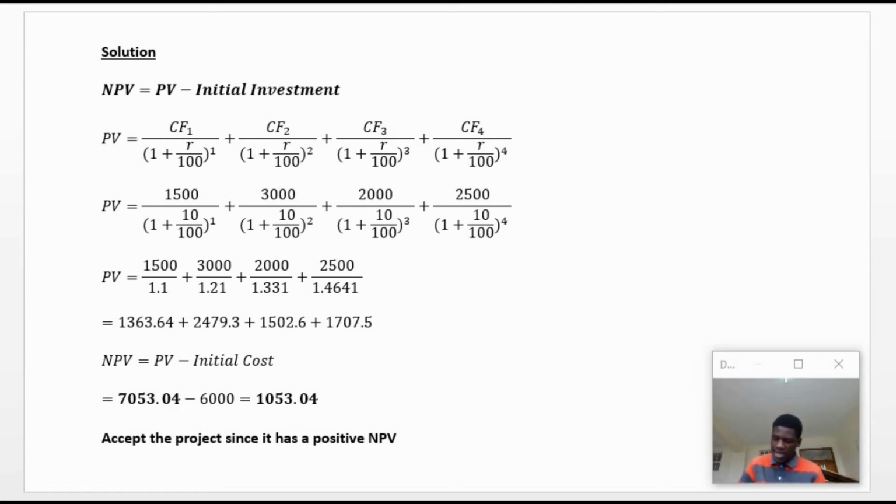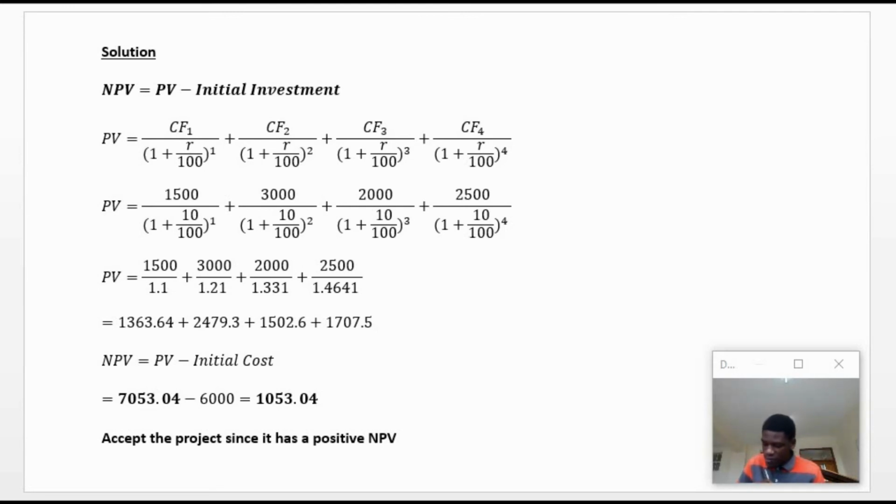So the cash inflow of the first year was 1,500 over 1 plus our interest rate, which was given as 10%, so 10% is equal to 0.1, raised to power 1, plus cash inflow of year 2 was 3,000 divided by 1 plus 0.1 raised to power 2.